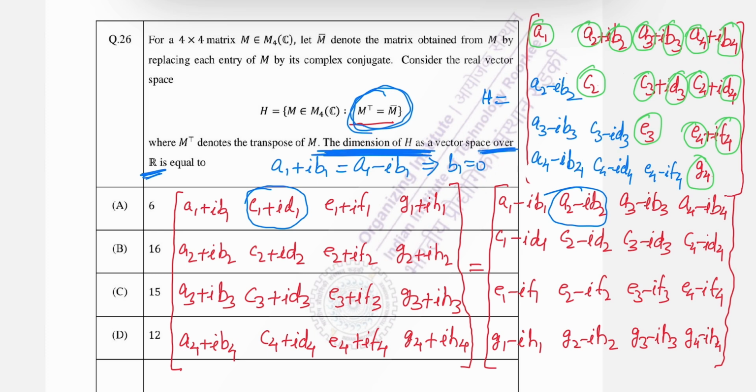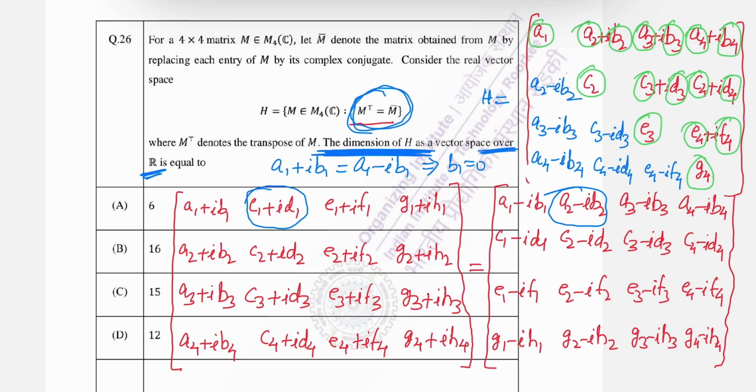Okay, I will not take this one because I have already taken A2. Here you see A2. So we have to count the distinct real numbers inside this matrix H, and those are 16 in number.